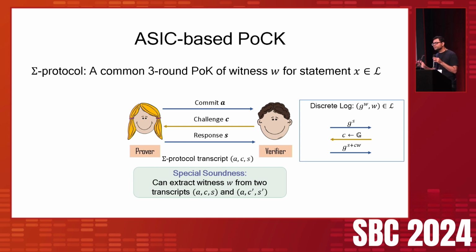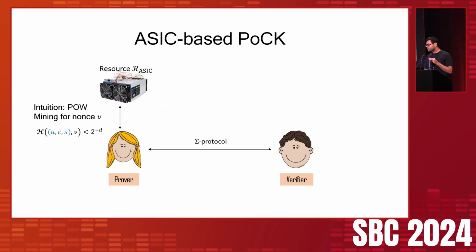Just for intuition, one common Sigma protocol is a proof of knowledge of the discrete log. The witness here corresponds to the discrete log of some group element, and the Sigma protocol will prove knowledge of this witness.